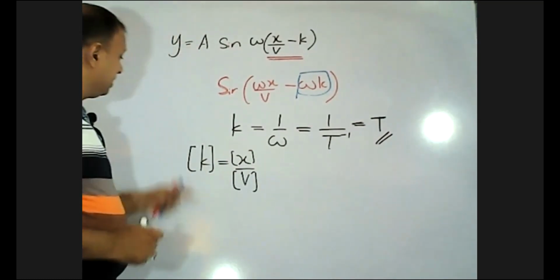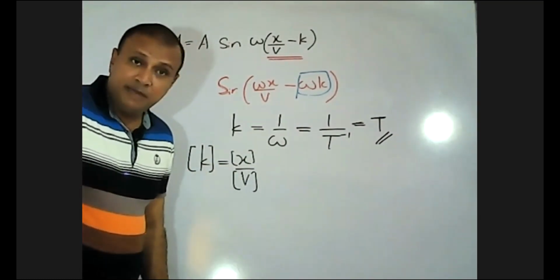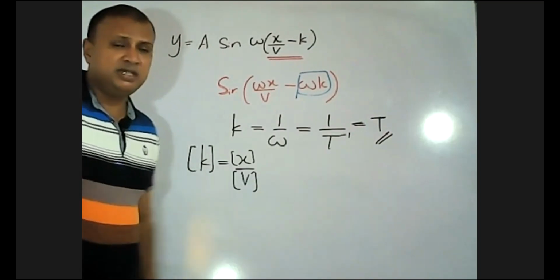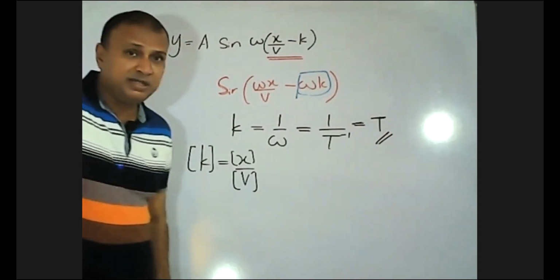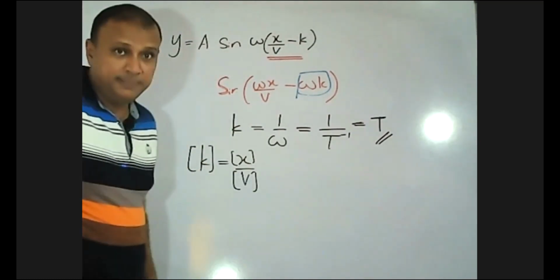But I did not use the dimension symbol because this is an MCQ question, so I don't want to waste my time. That's why I use k is equal to x over v.